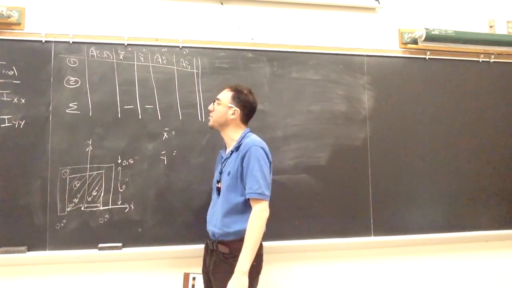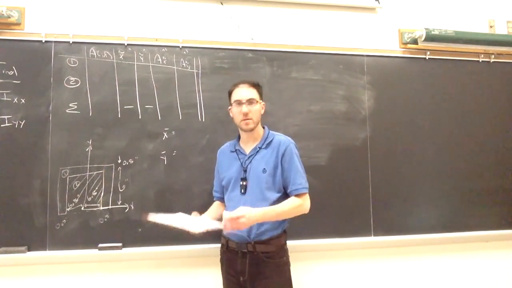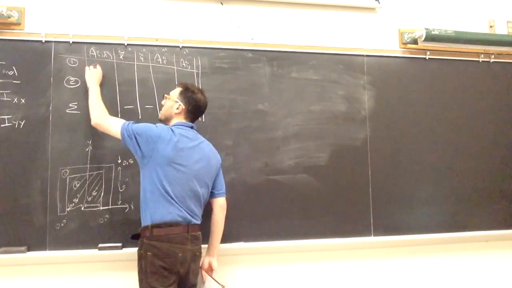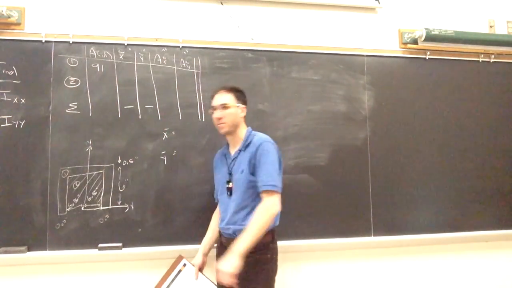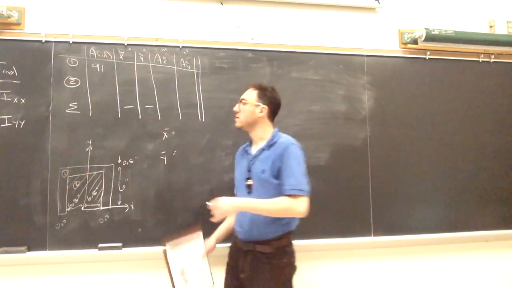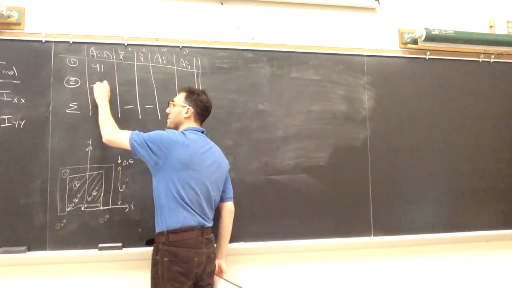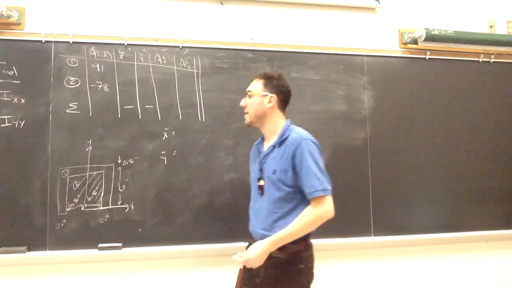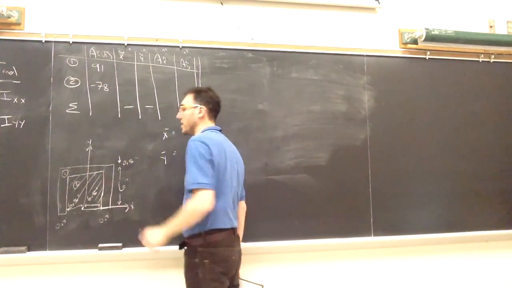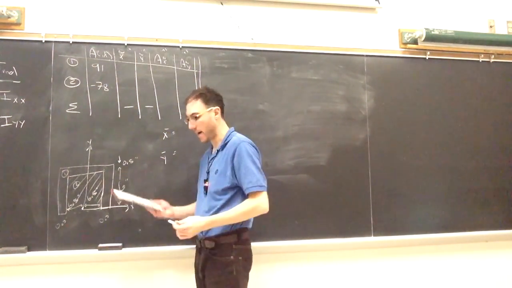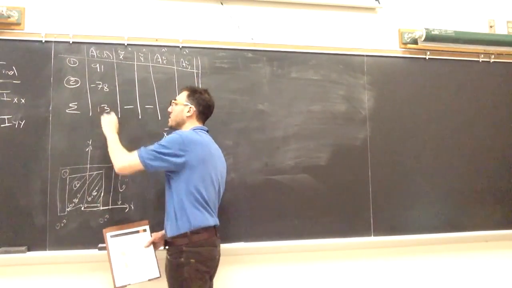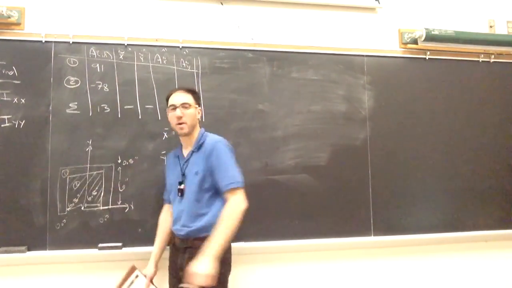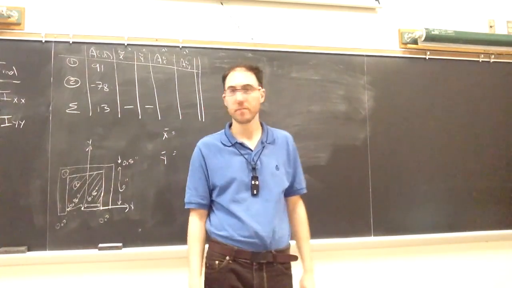What's the area of shape number 1? 91 square inches. And for shape number 2? Right, it's negative 78 because I'm cutting it out, and cutout shapes will have a negative area. That'll be important because when I find the total area, it'll be 91 minus 78. So 13 square inches is the amount of positive area of my shape.